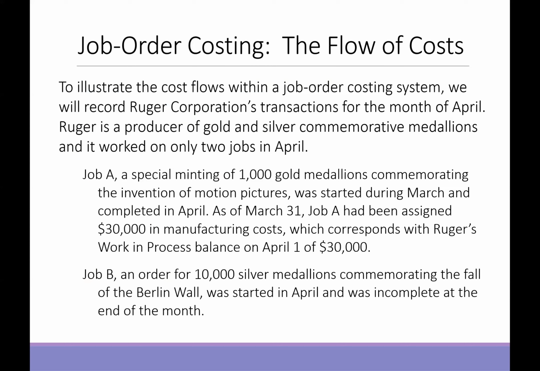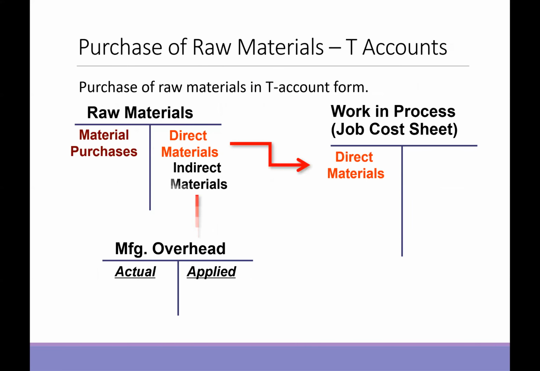So we've got 2 jobs that were going on in April. As you see here, the raw materials that came out in March will go from the raw material inventory account and will be credited from the asset raw materials, which is an inventory account, and will be transferred to work in process.